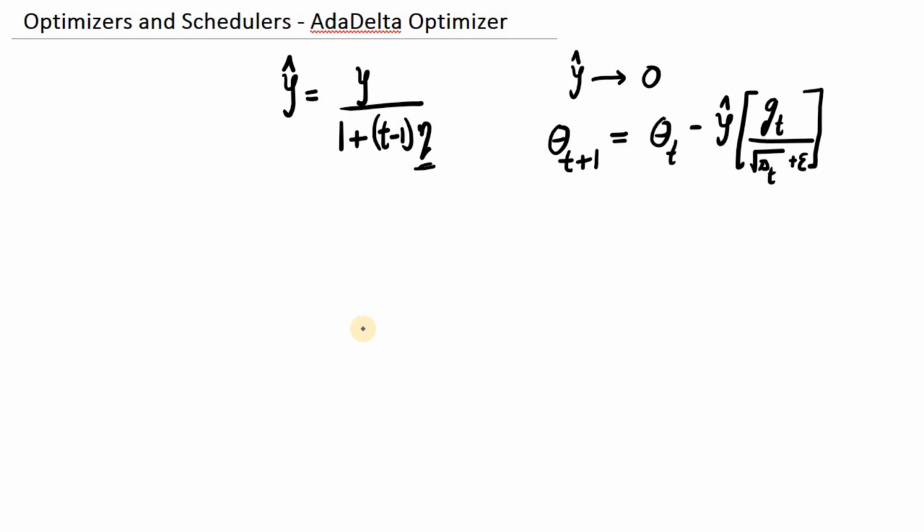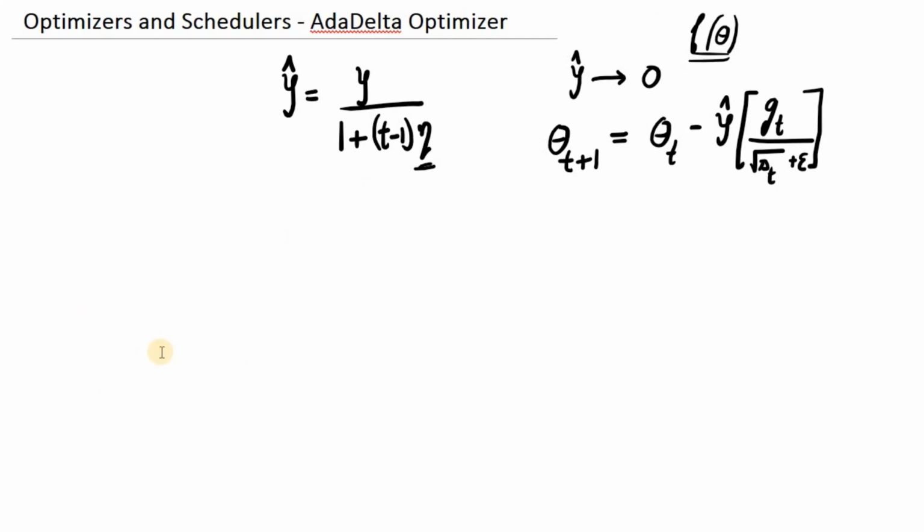Now, if gamma cap tends to 0, theta t plus 1 is going to be pretty much the same as theta t, which means that after a particular set of iterations, we are not going to get an updated value of theta, and hence there is a good possibility that the minimal value of the function f(theta) which we considered hasn't even been reached yet.